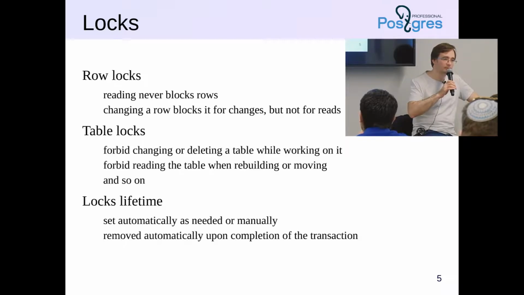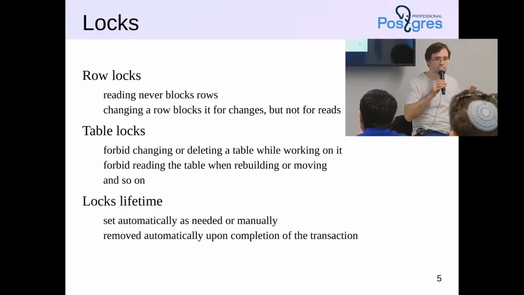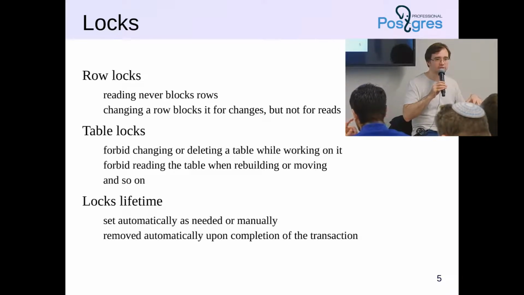Postgres uses row level locking, and it never escalates these locks because it is very cheap for it. It doesn't store locks in operating memory. Locks are in the data pages themselves. So you can lock millions of rows and it is okay for Postgres.